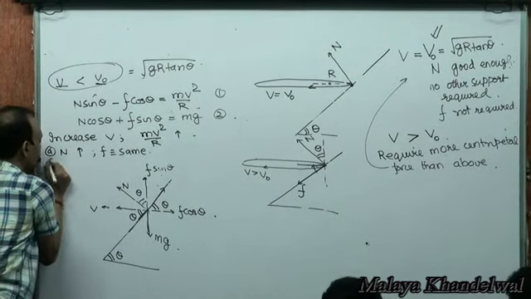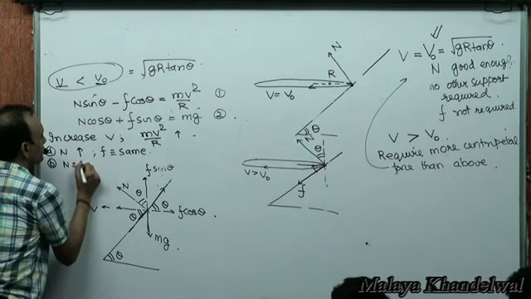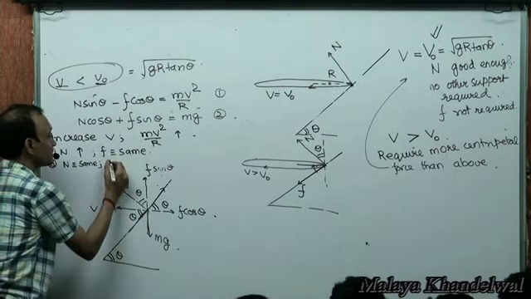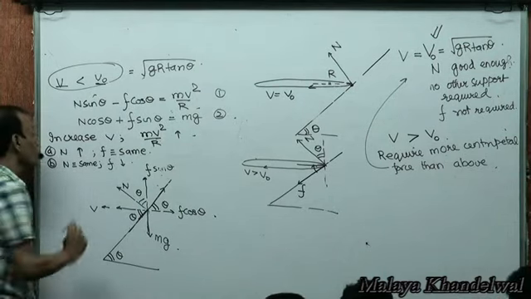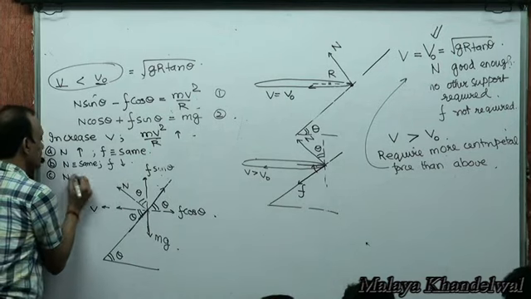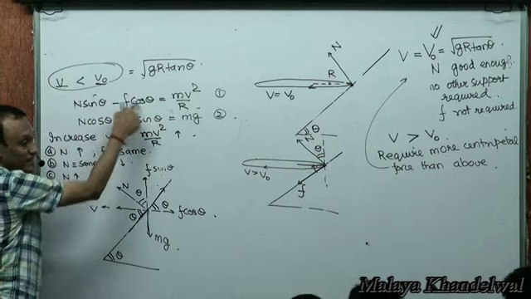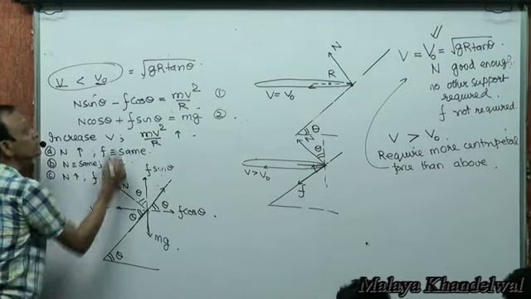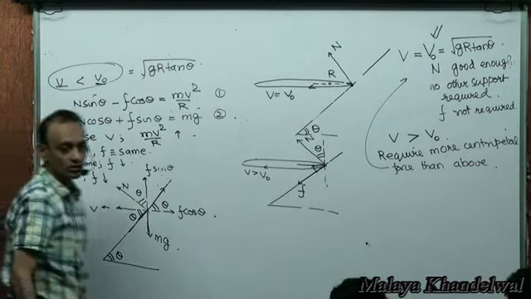The second way it could be met is N remaining same and F decreasing, friction decreasing. That's another way this requirement could be met. The third way it could be met is N increases and F decreases. That way also this difference will increase. Yes or no? These are three models.